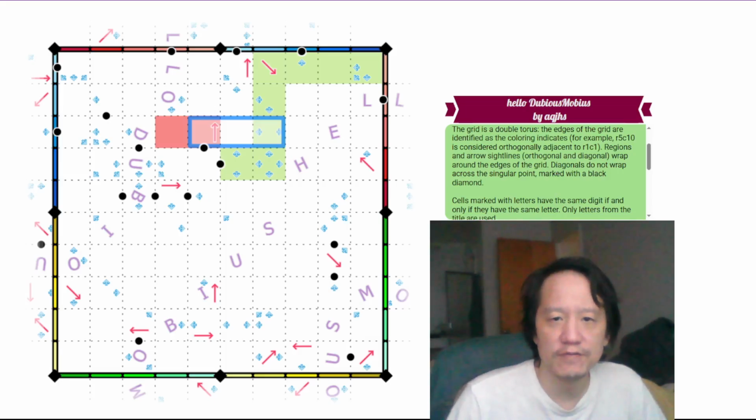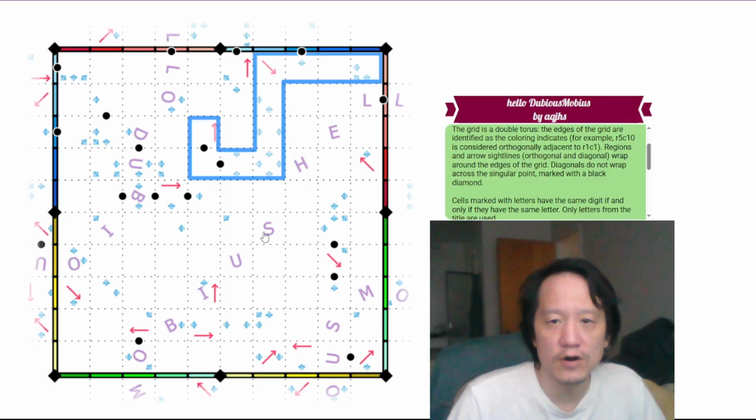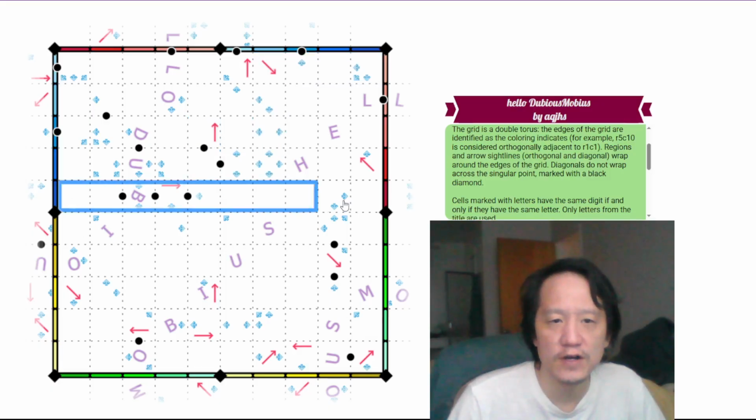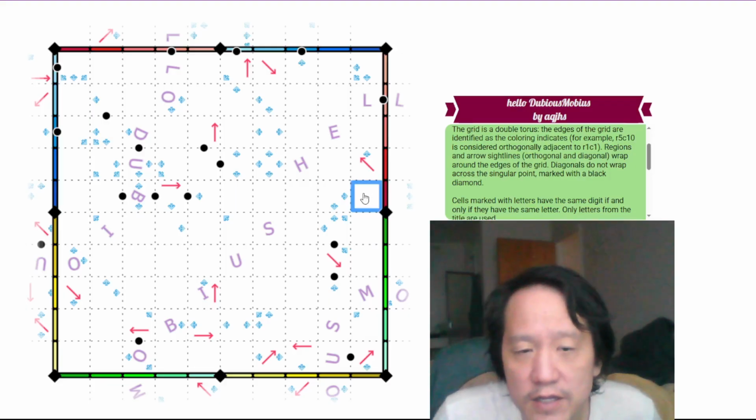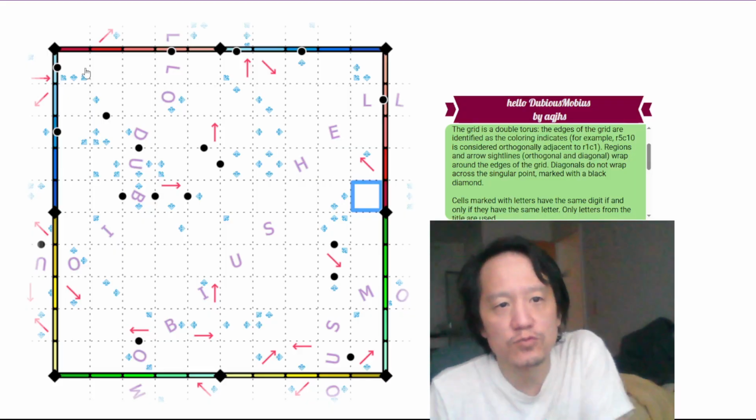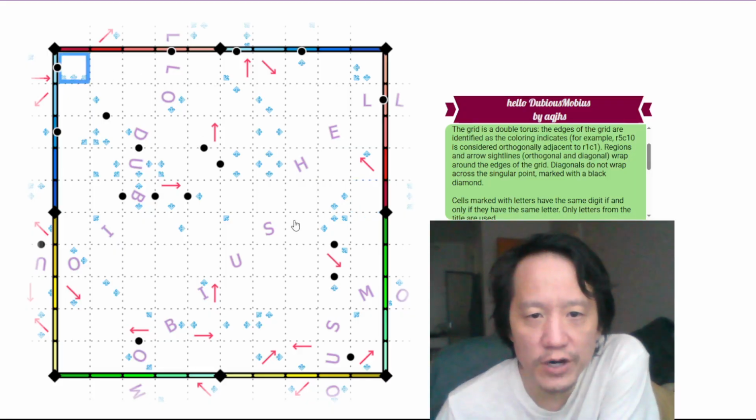We also have that the grid is a double torus. That is, the edges of the grid are identified as coloring indicates. For example, R5, so row 5, column 10, is considered orthogonally adjacent to row 1, column 1.